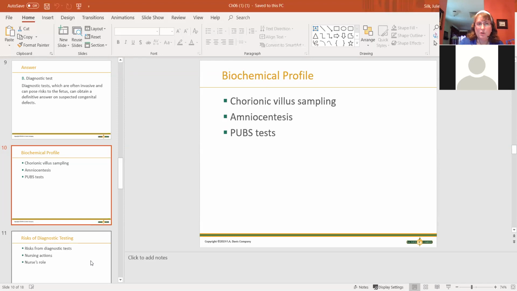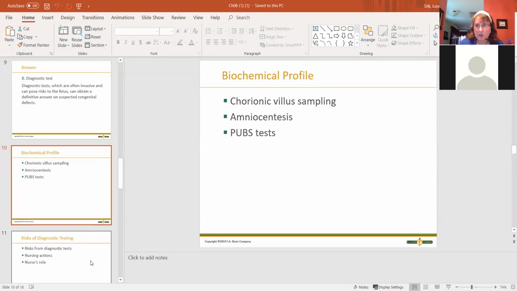Typically, you get your results in about a week, which is nice because it's not too long. And then other advantages of this, like we said, it can be done super early, so that's great. And then also you can examine fetal chromosomes with this, and you can't do that with just every test. So that's kind of beneficial in that way.